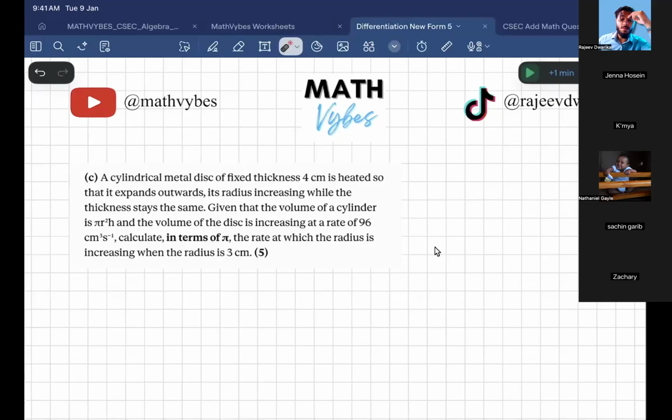Okay, so hold on. Zachary, what's 96 over 24? Yeah, 4. So where's the final answer? This is 4 centimeters per second. So you're making the same mistakes. Gotta be careful. What do you have in the denominator?